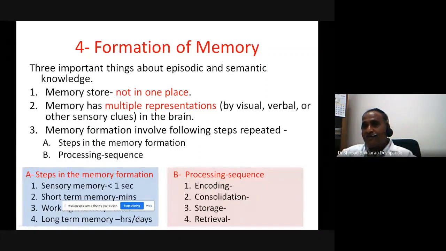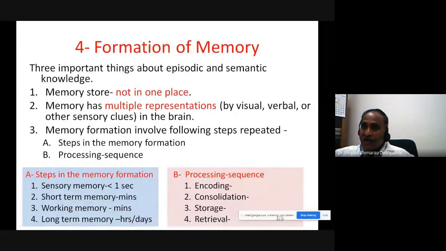Then after the processing, it is stored in the neural elements, that is the storage. Then there is a fourth stage, because once the memory is stored, if it is not retrieved, it may be lost. There is retrieval. The memory is retrieved as per our usage and demand. So these are the four things.